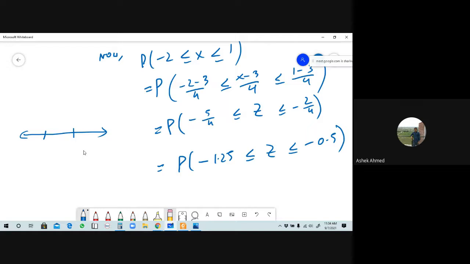So from here tell me, between the points -1.25 and -0.5, which point will be -1.25 and which point will be -0.5? Can you say? The middle one will be -0.5. The first and the second is the middle, sir.